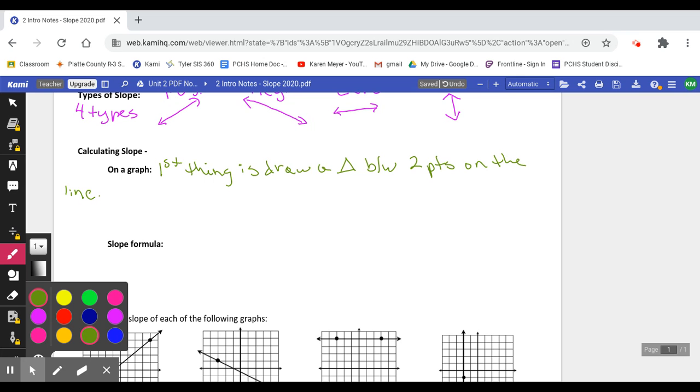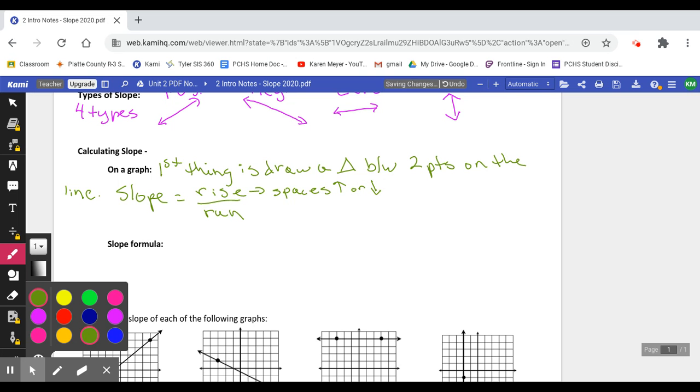Then once you've done that, maybe some of you remember hearing slope as rise over run. And rise is the spaces that go up or down.